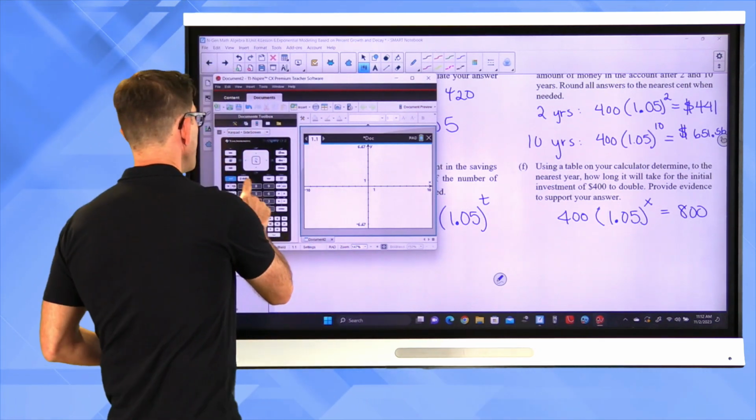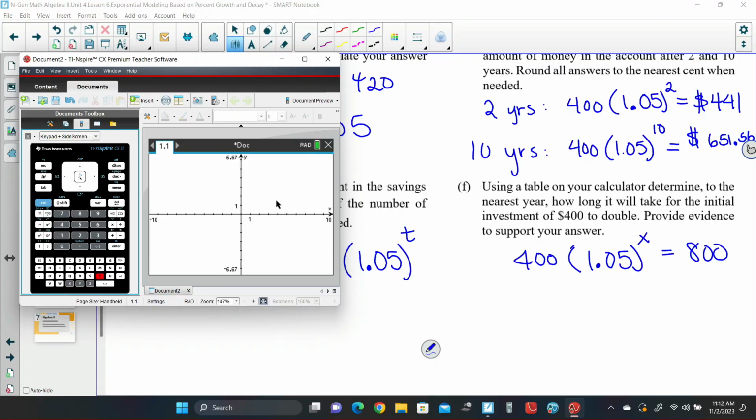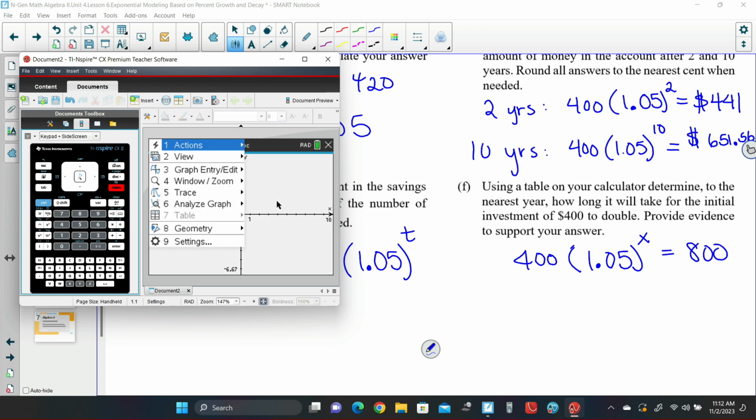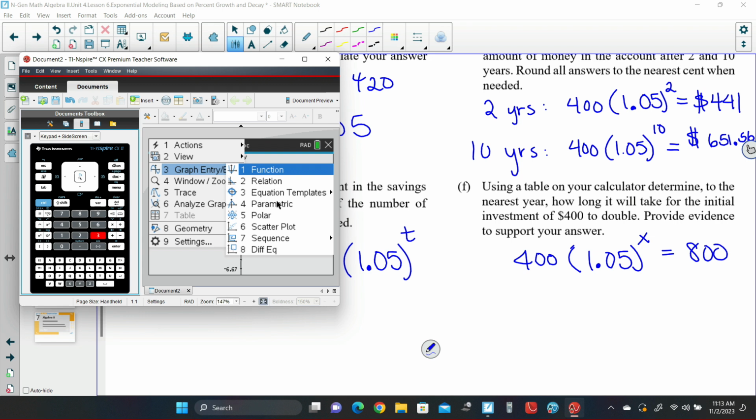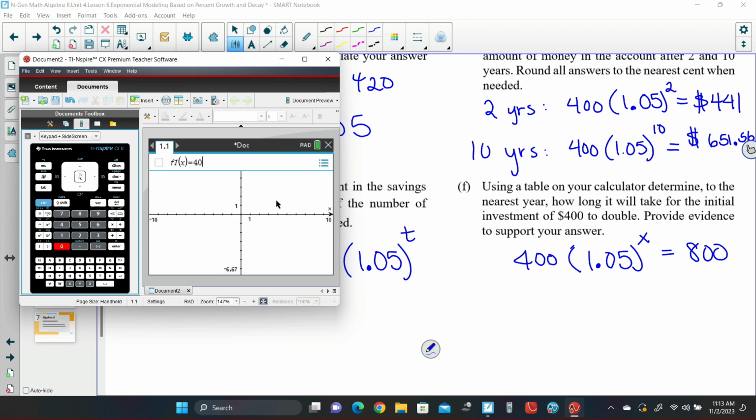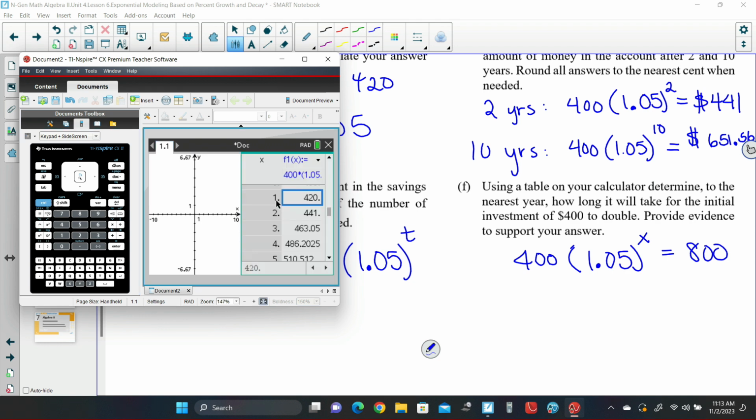What I want is my table, so I'm going to go Control-T to enter a table. And it does nothing because apparently I didn't actually get my function in there. Let's try it again. 400 times 1.05 raised to the x. Let's try it again. All right, now let me do Control-T. There it is. Sometimes my calculator has sort of a mind of its own.